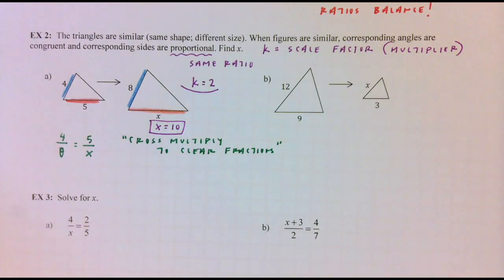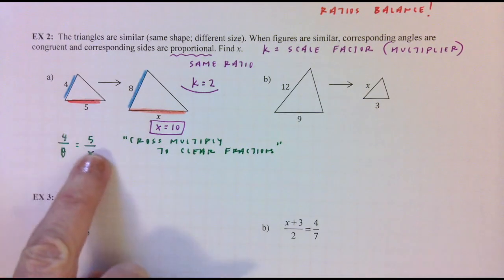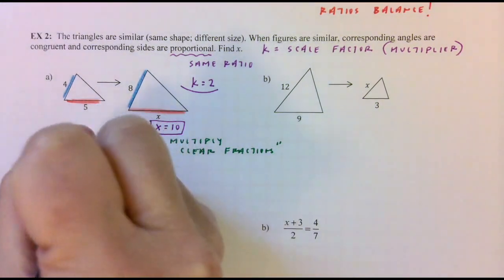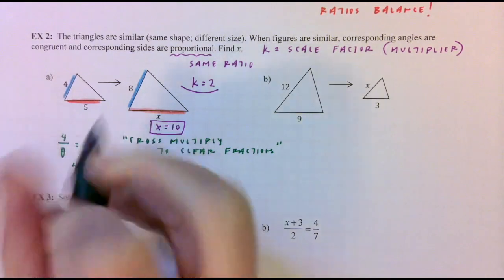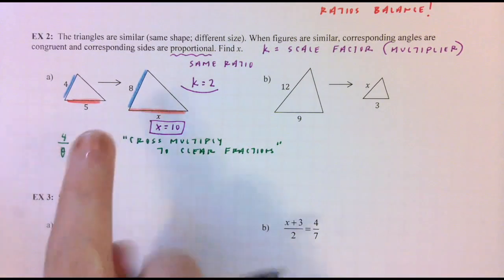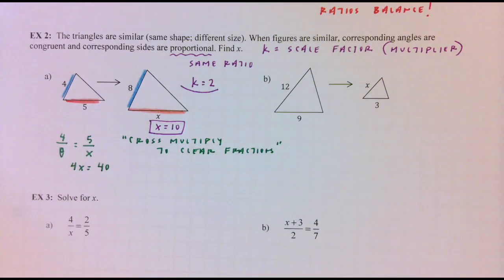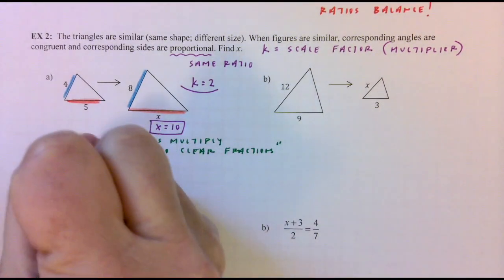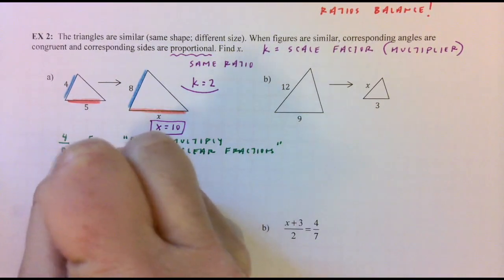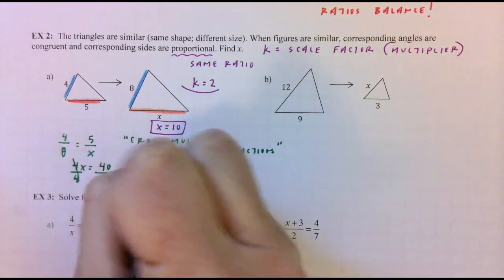So here I can multiply the 4 by x, so 4x, the 8 by 5, which is 40, and now I have an equation of 4x equals 40. And then I just divide by 4, and I get that x is 10 a different way.